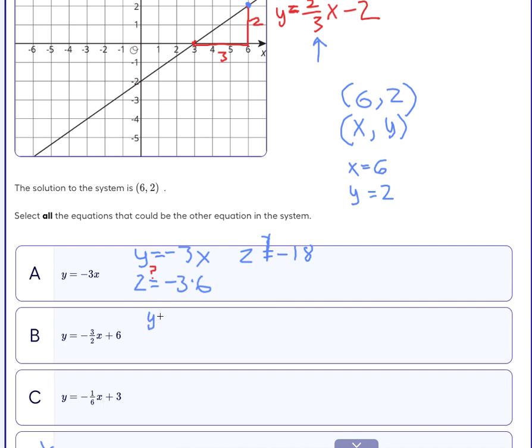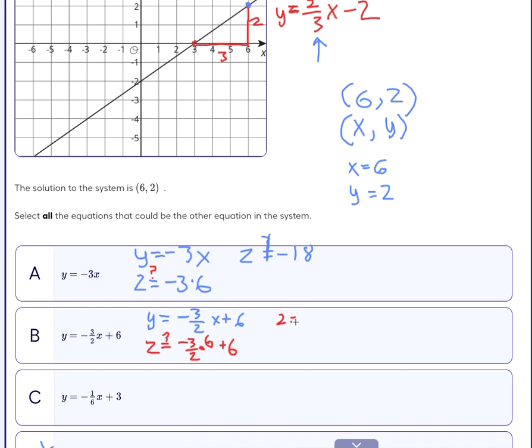So just going to rewrite the equation. Y equals -3 over 2 x plus 6. I'm going to make sure to include my question mark here because we're not sure if it's going to be equal. This is going to be y. Let's substitute in 2 for y. 2 equals, or is it equal, to -3 over 2 times our x, which is 6, plus 6.